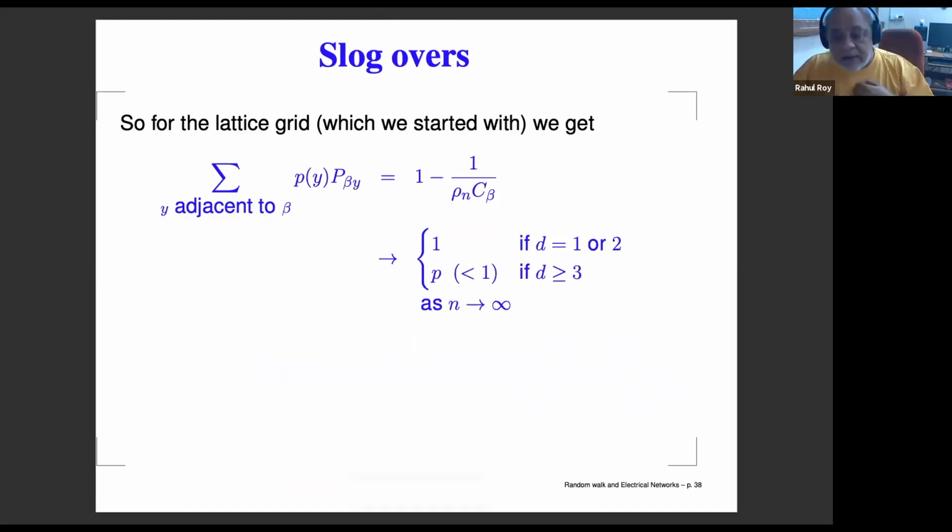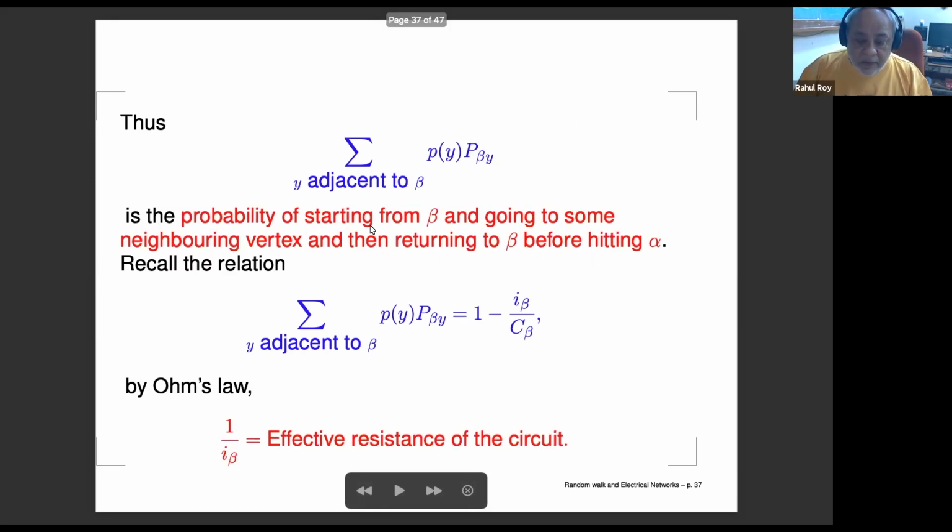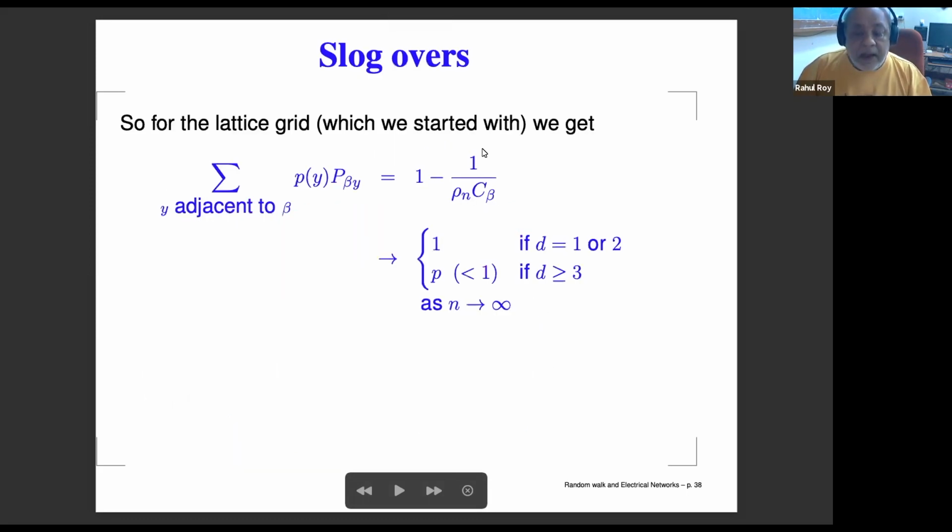So now we are nearly in the slog overs of this game. And so for the lattice grid, let's see what we have. Summation Py P beta y, which we did here, is 1 minus I beta over C beta. I beta is nothing but 1 over the resistance rho n in the grid, and C beta, I just put it back here.